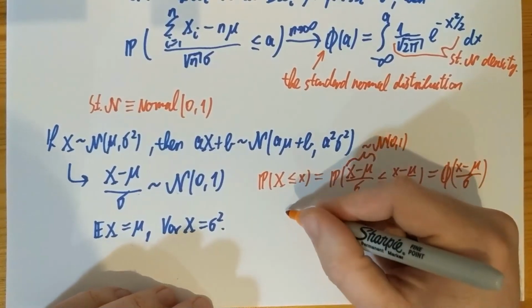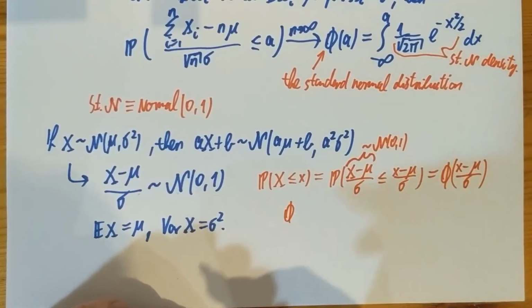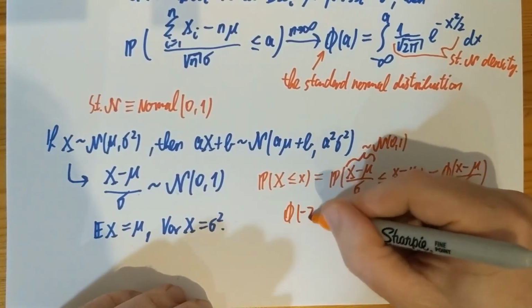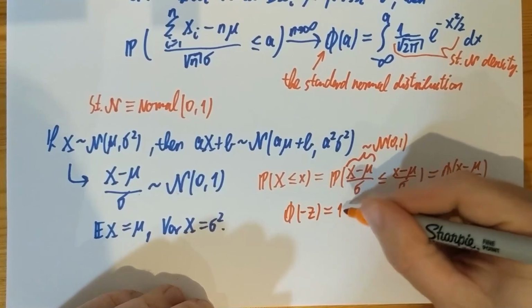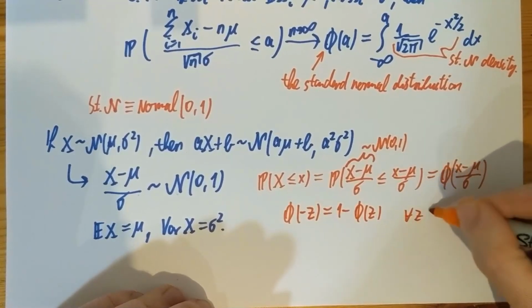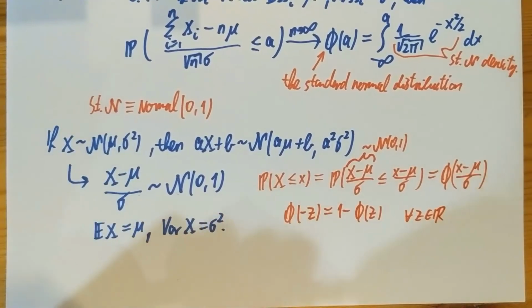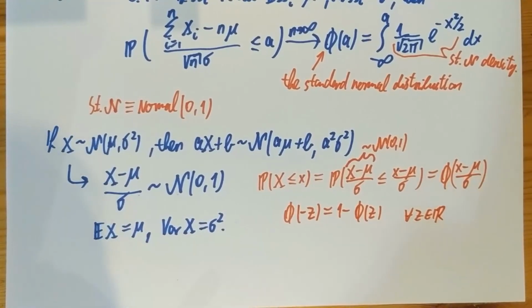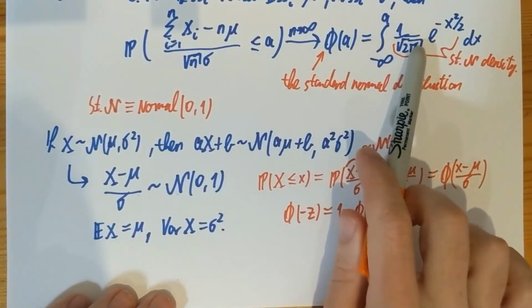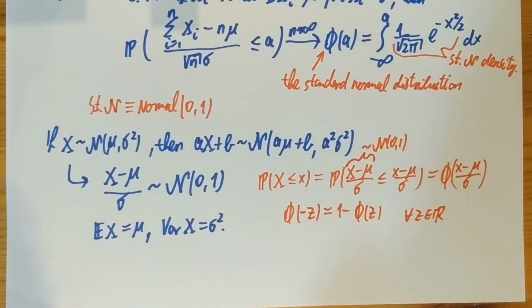The distribution function phi has a nice property which you can just find out from the nice bell curve of the standard normal density, namely phi at negative z is 1 minus phi at positive z for every real z. These are all things you have most likely seen before, so I'm not going to spend much time on them. The only thing I'm going to do in the next video is to prove that this is actually a distribution function, because that's kind of nice, and I'm not sure if you've seen that before.